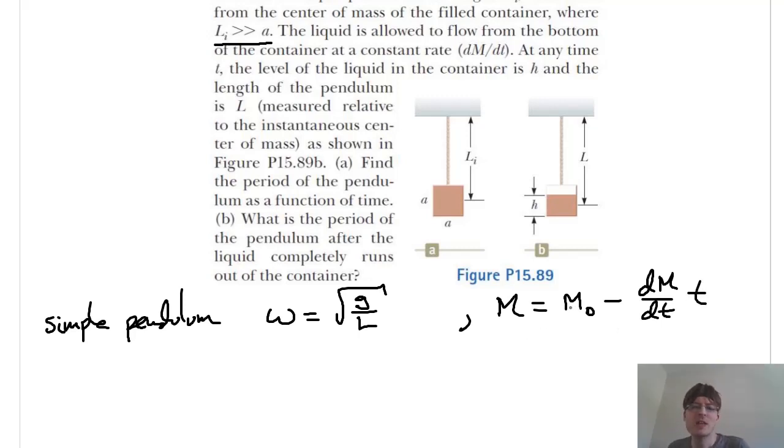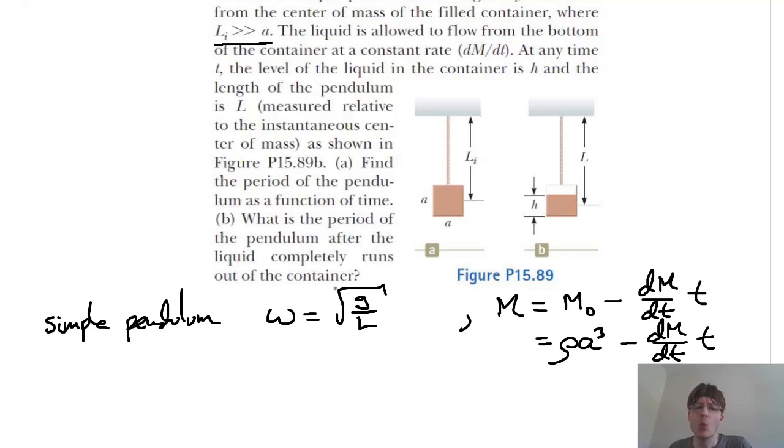Now, I'm going to write the initial mass in terms of the density. They tell me the density of the liquid, and I know this is a cube of volume a cubed. So the initial mass would be the density of the liquid times a cubed, minus the rate times time. Just telling me how the mass decreases.